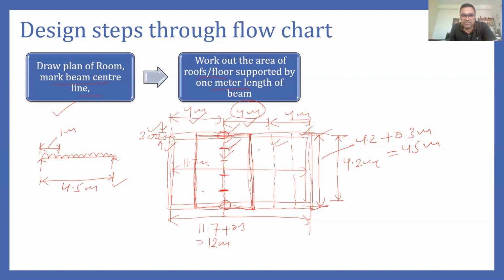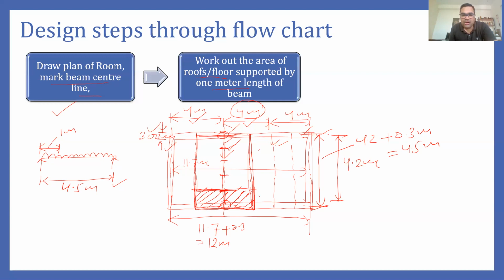It means over 1 meter length of the beam, this much part of the roof is supporting, which means this much part of the roof is supporting on 1 meter length of the beam. So we have to find out the load on 1 meter length.